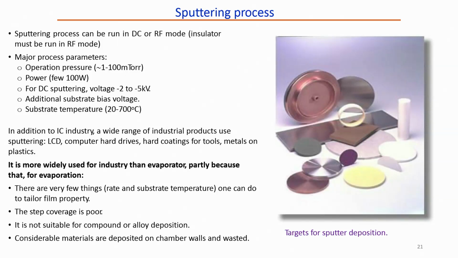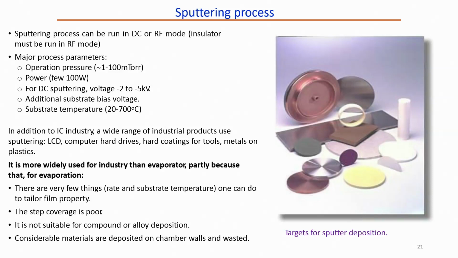The process parameters are listed here: operating pressure around 1 to 100 millitorr, power a few hundred watts, it can be 200 watts, 300 watts, DC sputtering voltage -2 to -5 kilovolts, additional substrate bias voltage is required. Substrate temperature you can change from 20 to 700 degree centigrade, and depending on the substrate temperature you can get different kind of film. It can be amorphous to polycrystalline.